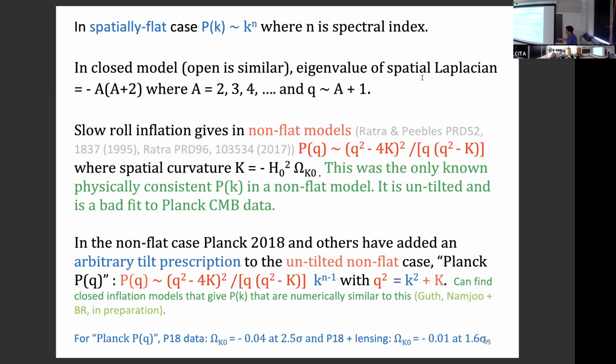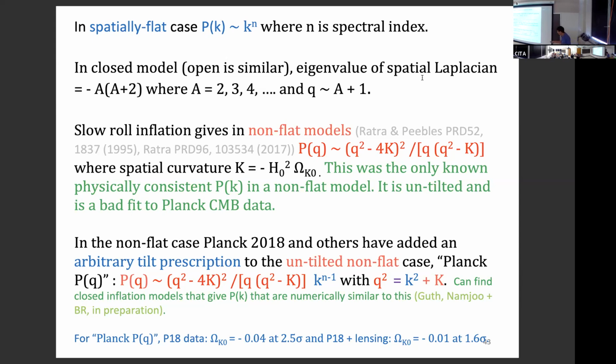So the physical modes start with A equal to 2, and then go 3, 4, 5, 6. And that's just the spectrum, the harmonics of the spatial Laplacian. So I don't know if that clears it up enough. Okay, so I'll show you some plots of these spectra. So there's this one, which was used by a lot of the Planck analyses.